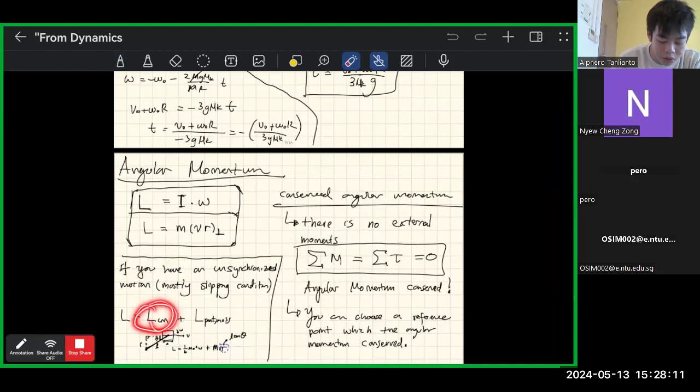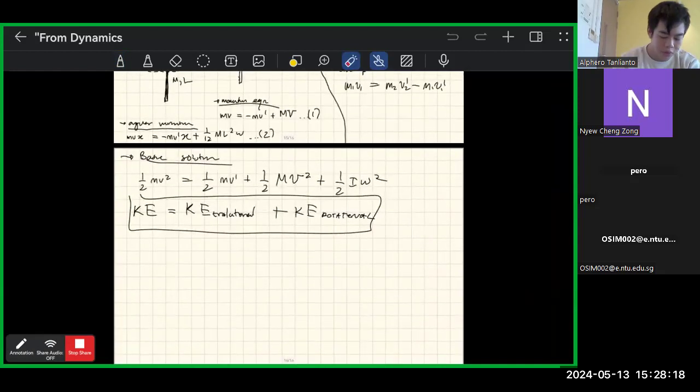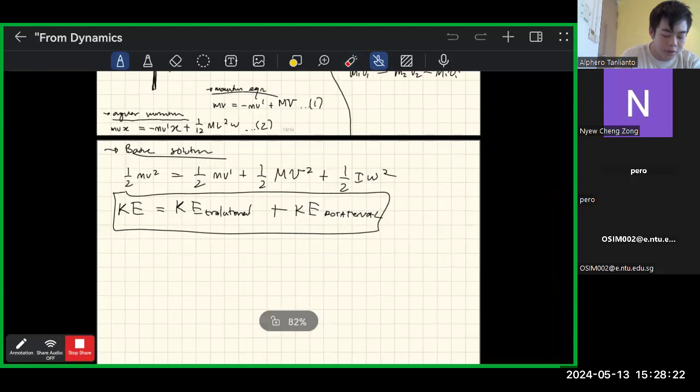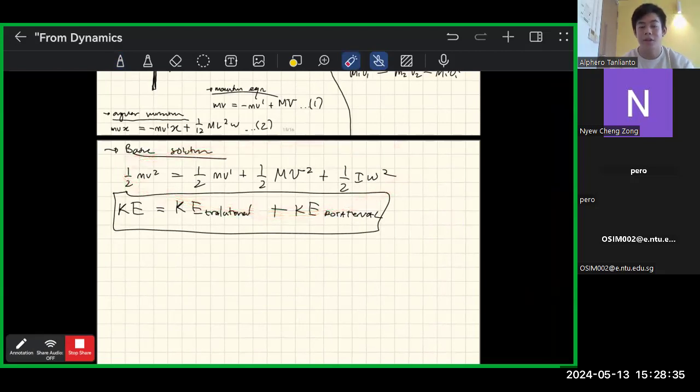This is the rotational one, and you have the point mass, which is the translational one. If you have an object that has both rotational and translational motion, you have to add up both of the kinetic energies, so here you have these 4 terms, which is crazy. I mean, you need to have those 4 terms, but it's a hassle to use this.